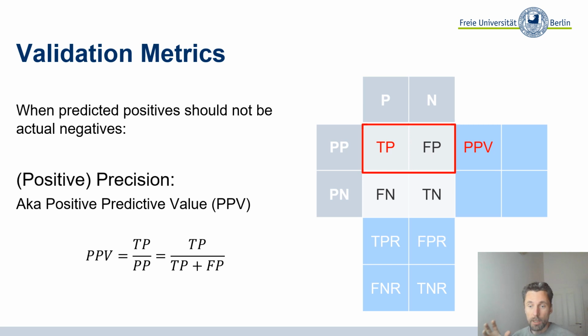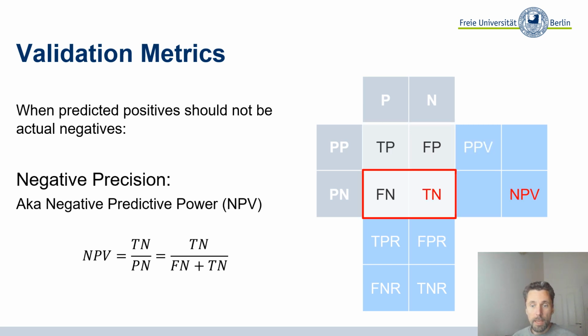So this is our total number of positive outputs, positive predictions. And similarly, we can look at the negative precision. So that's the number of true negatives that we predicted to be negative, within the set of negative outputs.